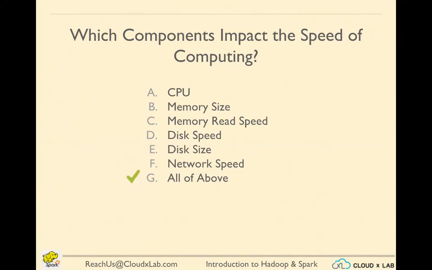A question from Noor: if we're just doing a plain computing example, brute forcing, then other components won't be involved. Very good point. Let's say we are trying to crack passwords. I'm just taking an extreme case.